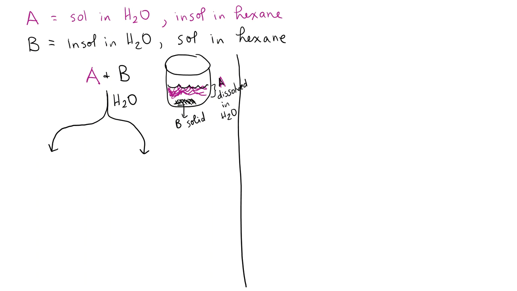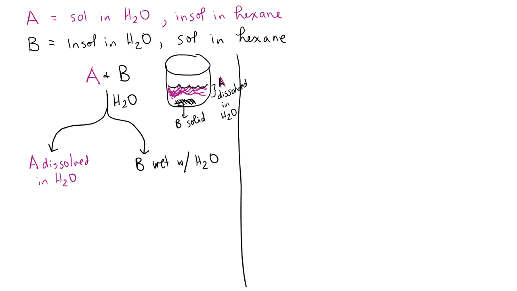You just pour the liquid part of A that's dissolved in water off. So to one side, you have A dissolved in water, and over here you have B that's a little bit wet with water, right? Because after you decant off the liquid that has water and A in it, you still have some wet B.